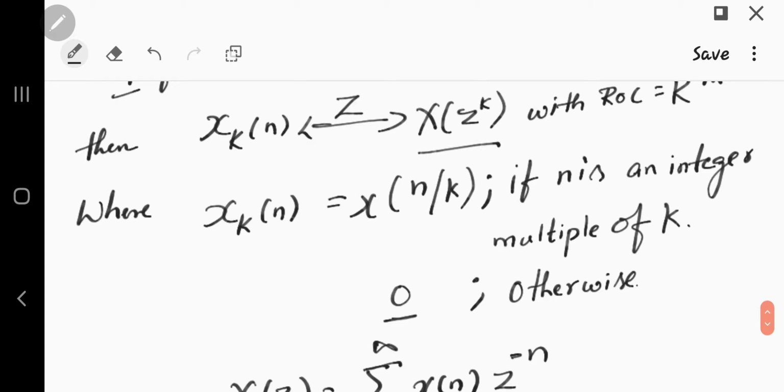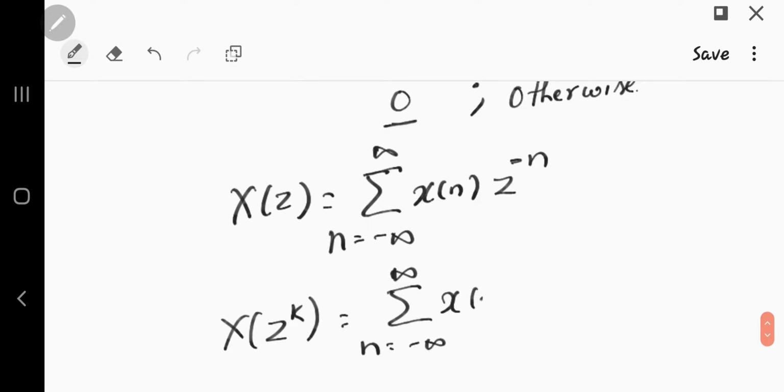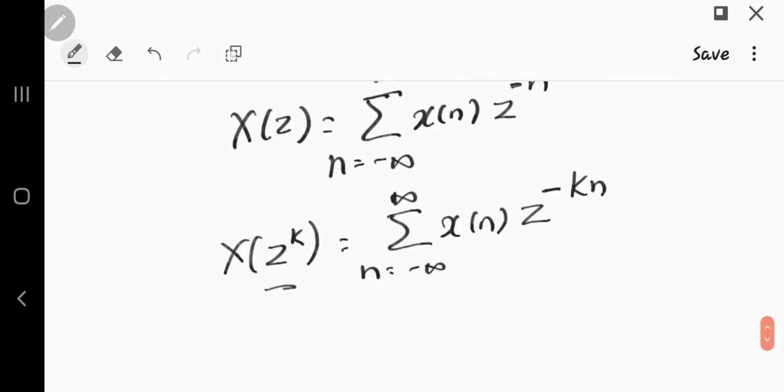Now if x of z is this, then x of z^k can be written as summation n is equal to minus infinity to plus infinity x of n z to the power of minus kn. So this is the meaning here.